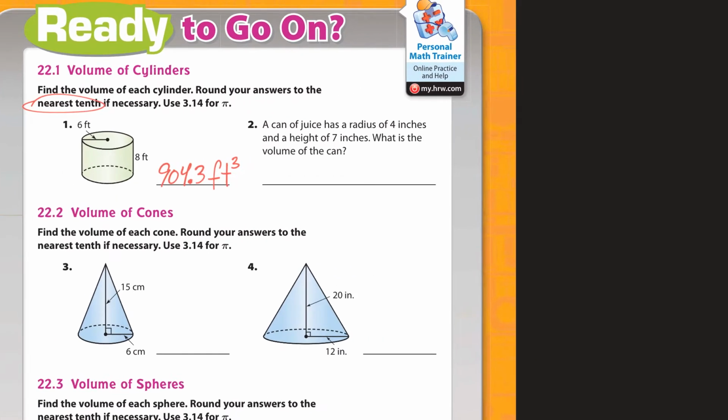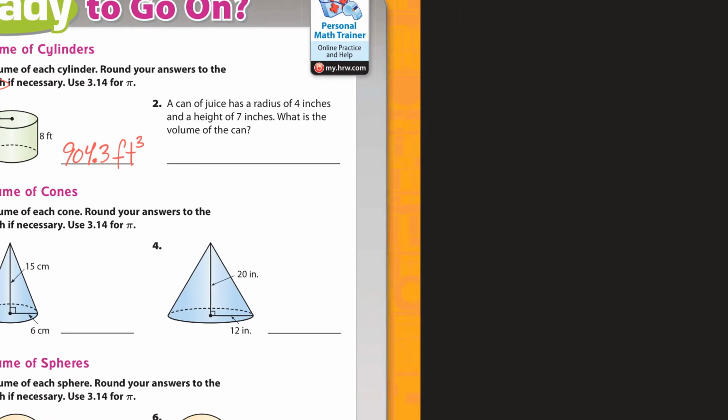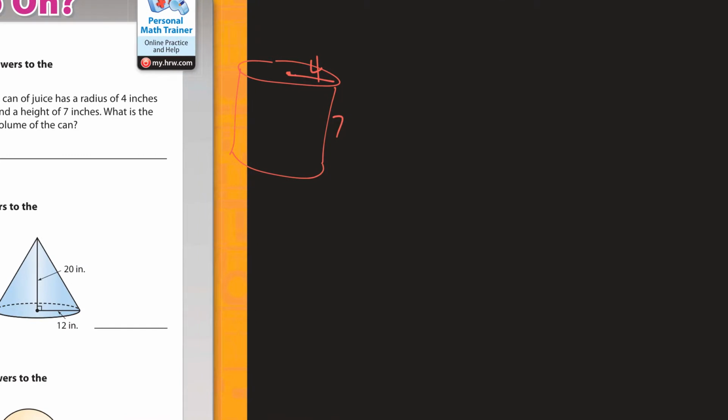Next, we have a can of juice. It has a radius of 4 inches and a height of 7 inches. I'm going to draw this out. So, a can. Oh, what a gorgeous can that is. It has a radius of 4 and a height of 7. And I'm going to apply the same formula. Volume is pi times the radius squared times the height.